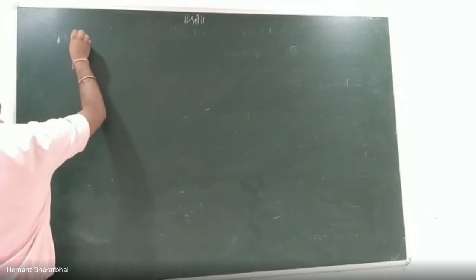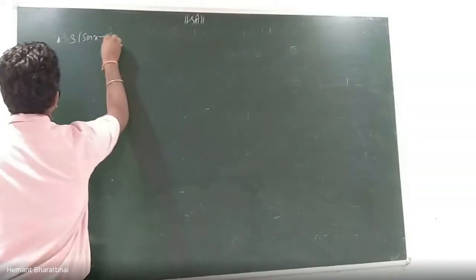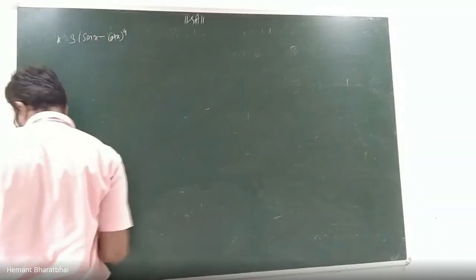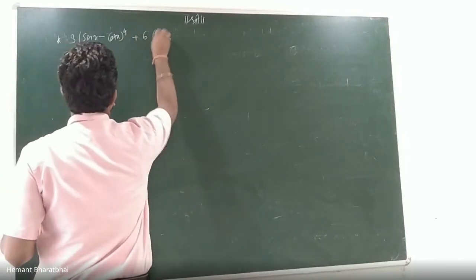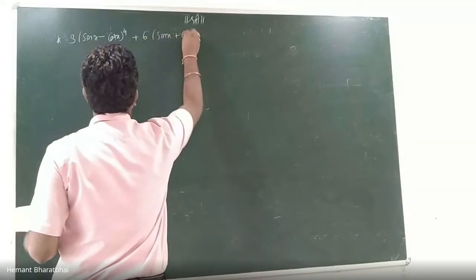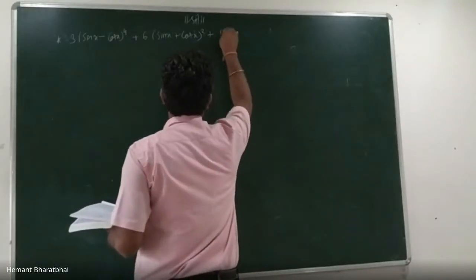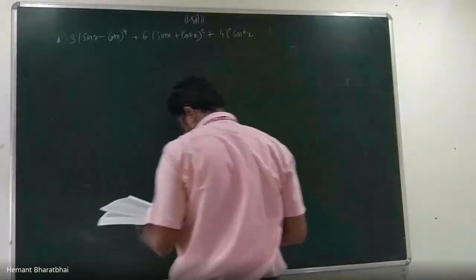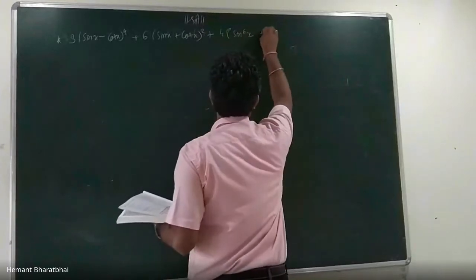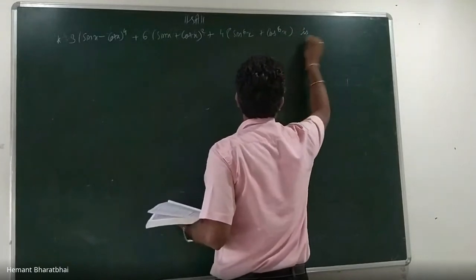That is 3 into sin x minus cos x the whole raised to 4 plus 6 into sin x plus cos x the whole square plus 4 into sin raised to 6x plus cos raised to 6x is equal to.